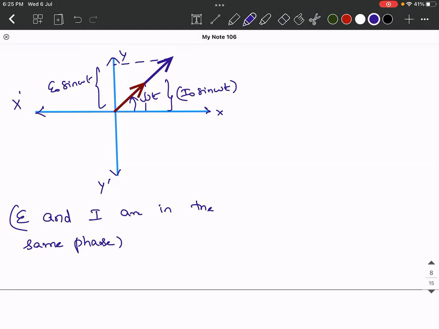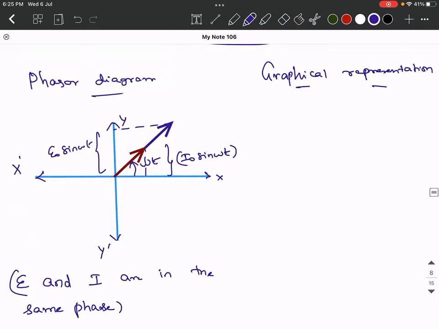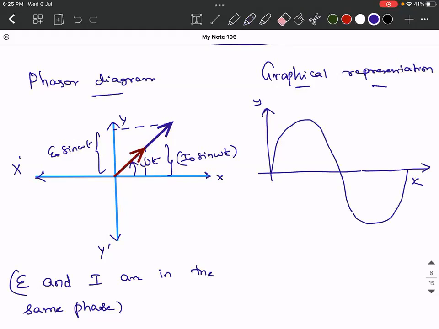Okay. Now, if I do the same thing, if I try to observe the graphical representation of it, if I take the x-axis as time and the y-axis to be EMF and current, means you are drawing both on the same graph. Okay.